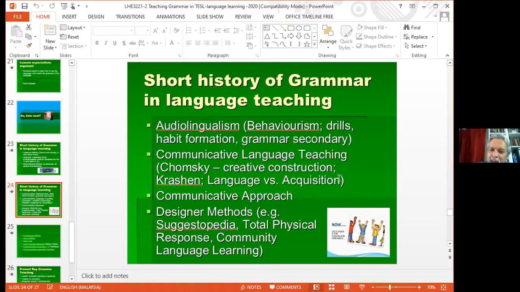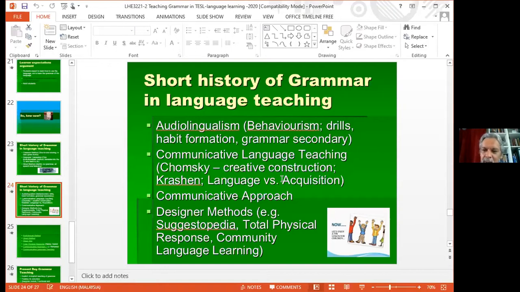And we have the issue of language learning versus language acquisition. These are things we will pick up also as we go along in the next presentations. But generally, language learning means formal learning in the classroom. Language acquisition means informal learning.